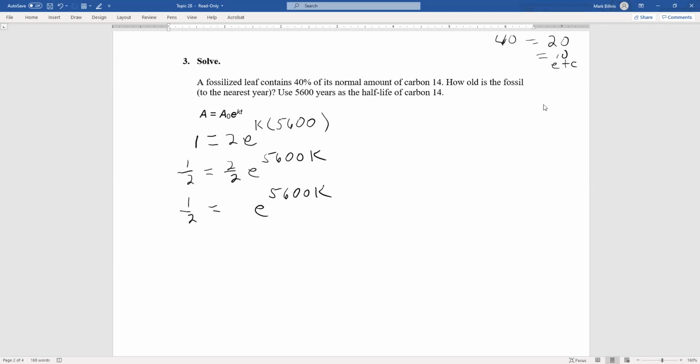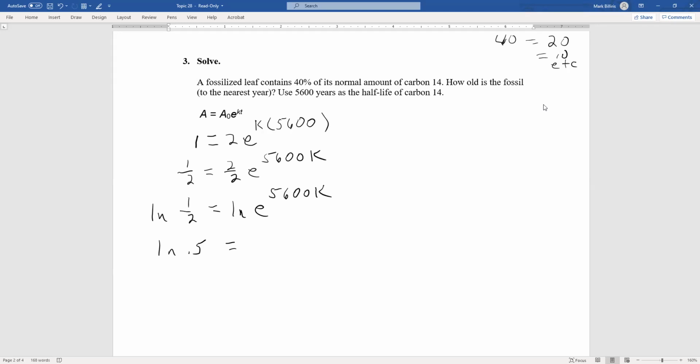Now remember, I'm solving for k. Since I'm dealing with base e, I'm going to apply the natural log to both sides. On the left-hand side, I have the natural log of 1/2, and I'm going to change that to a decimal, 0.5, since it'll be easier to put into my calculator.